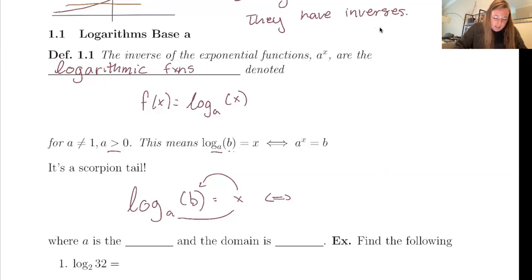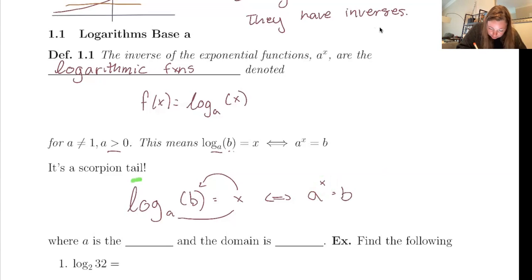So log base a of b equaling x would imply, using that scorpion tail, that a raised to the x equals b. So you see how this is an exponent, a to the x equals b.